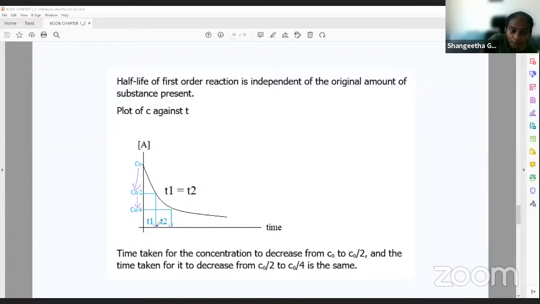So that means the half-life, the time, is constant.